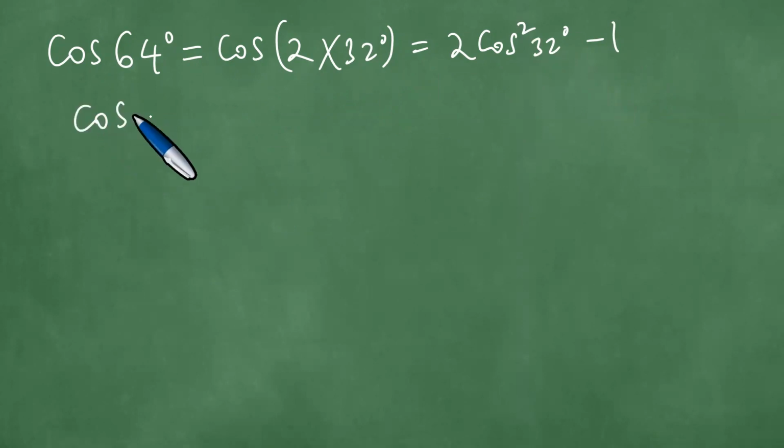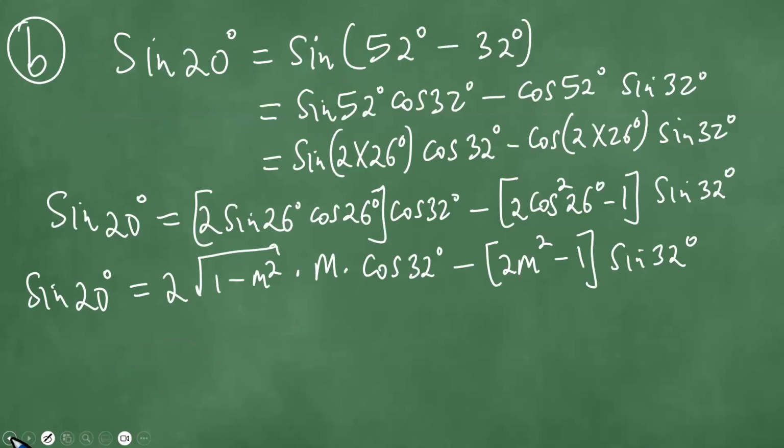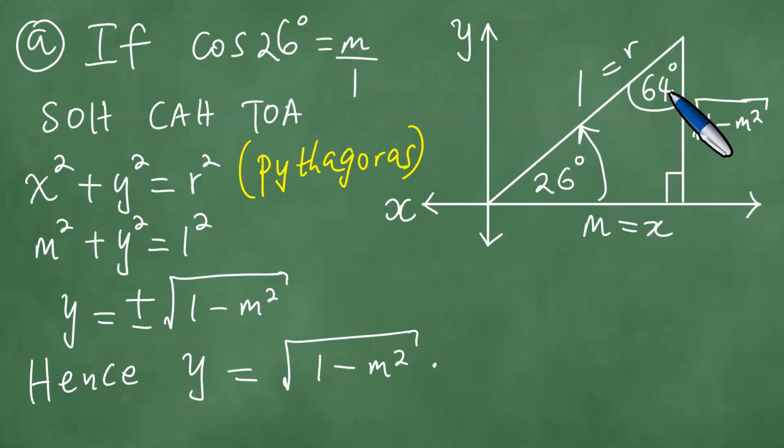So this has transformed the cosine of 64 degrees into 2 cosine squared of 32 degrees minus 1. And what is the cosine of 64 degrees? Cosine of 64 degrees is adjacent over hypotenuse, using SOHCAHTOA, and therefore that gives us the square root of 1 minus m squared all over 1.